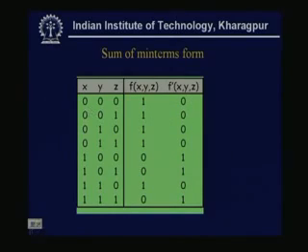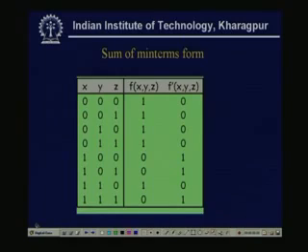So, when for the m0 term x, y, z are all 0, then it becomes 1.